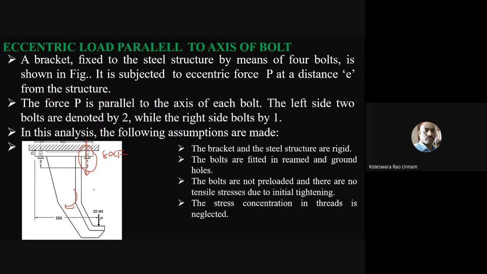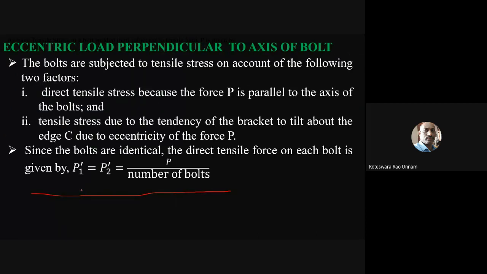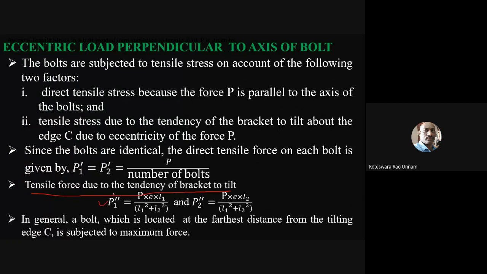If you apply the same procedure here, you are going to get the same expression as earlier. Your P1 double dash is going to be PE into L1 divided by L1 square plus L2 square, and P2 double dash is nothing but PE into L2 divided by L1 square plus L2 square.